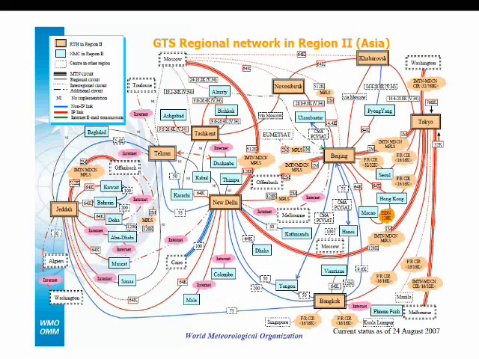Next is an example of a regional network. My part, region 2, Asia. It has mesh topology. Currently, there are 77 circuits in operation. The blue ones show the traditional legacy protocol circuits. The red ones show the TCP/IP links.